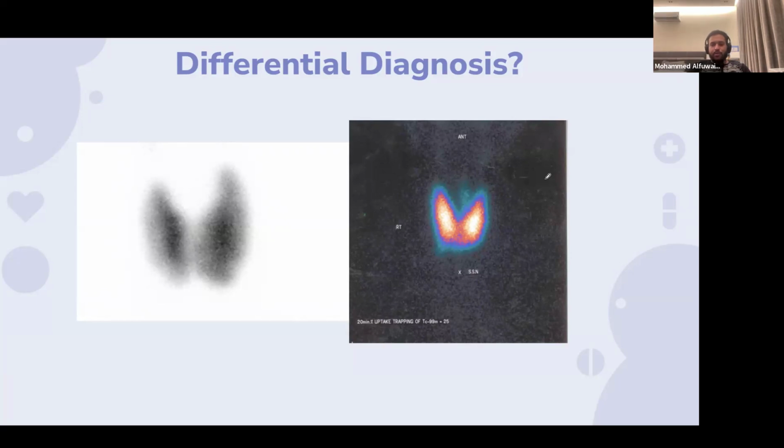You do a thyroid uptake scan and you see this. What is your diagnosis? Graves' disease, excellent. Now, in Graves' disease, there is diffuse uptake of the entire thyroid. The entire thyroid will be enlarged and there's diffuse uptake. This feature is very important and this image will come in your exam, one of these two.